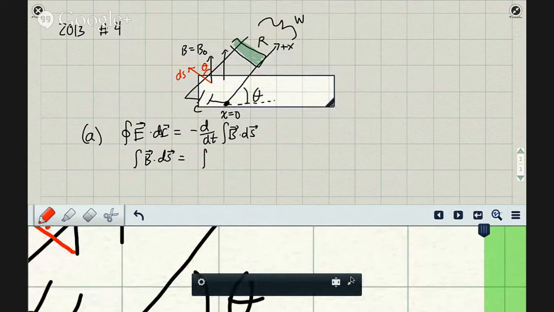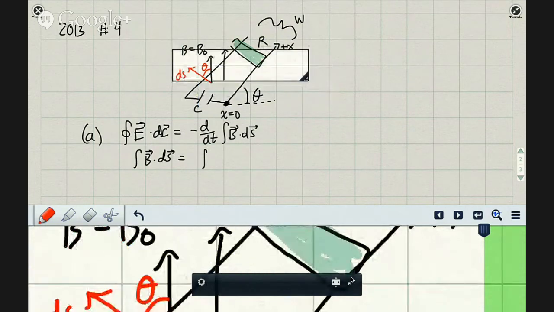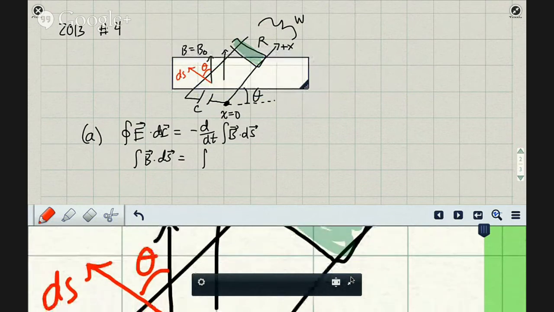That's because, imagine that this weren't inclined. In other words, the circuit was sitting flat on the floor, right? Then the ds vector and B would be in the same direction. But as we slowly tilt the incline up to an angle theta, these vectors ds and B0 are also going to change by an angle theta, right? Because that ds is perpendicular to that area, which is climbing up an incline, all right? So we should notice that these two angles are the same.